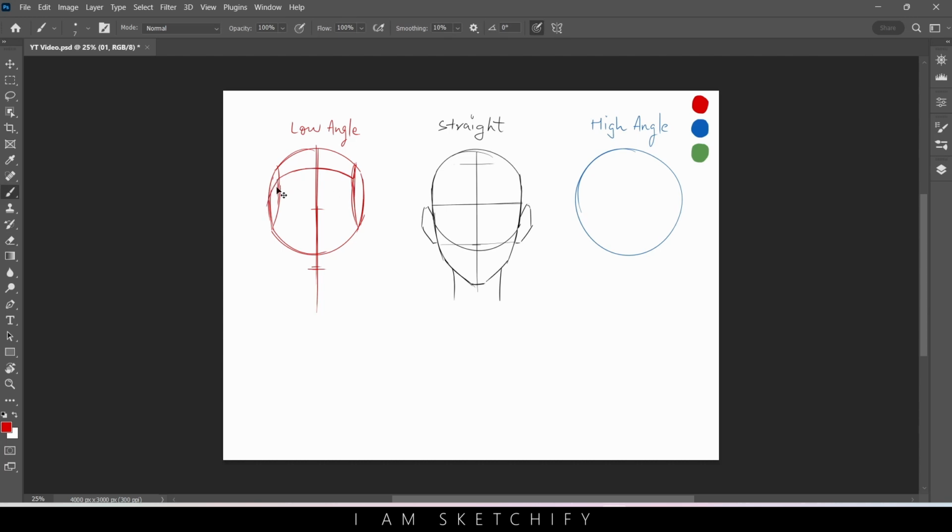This eyebrows line will extend through the side plane, which we'll use to position the ears later on.